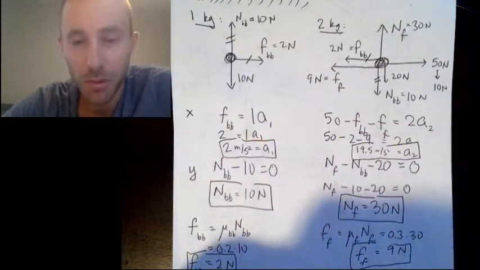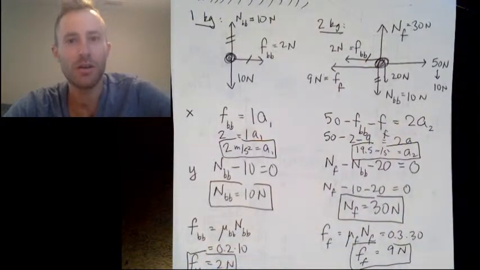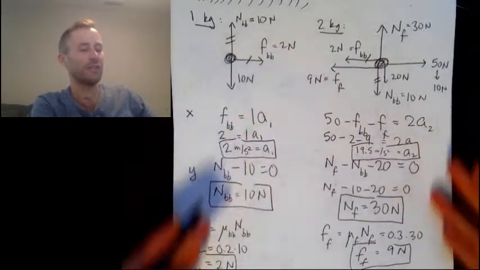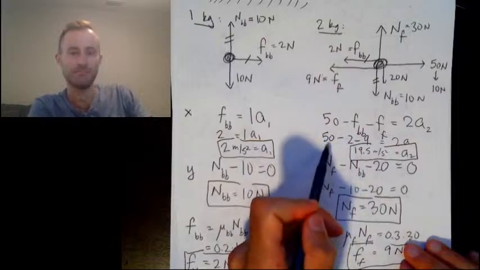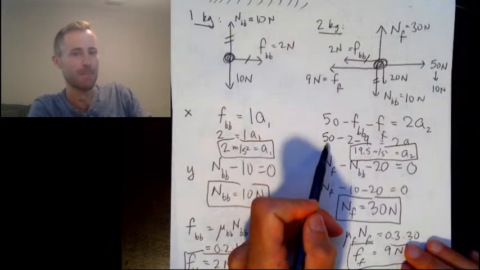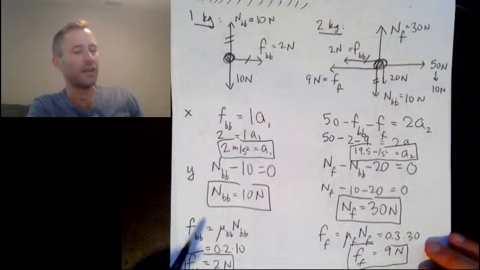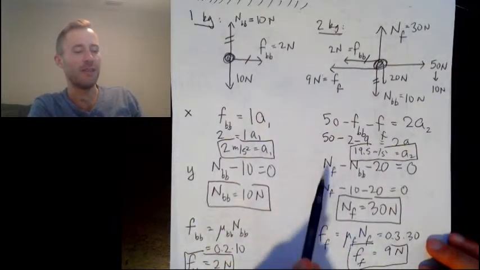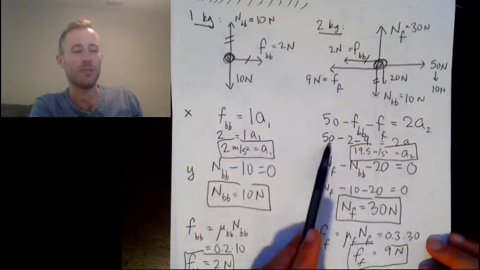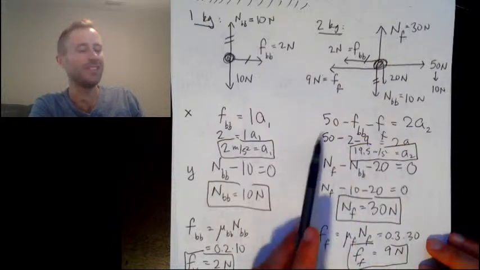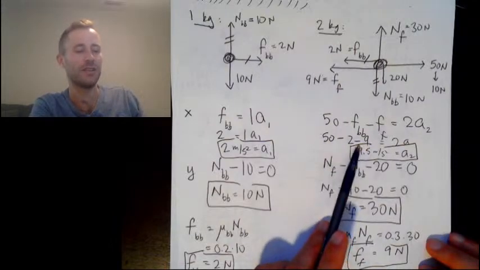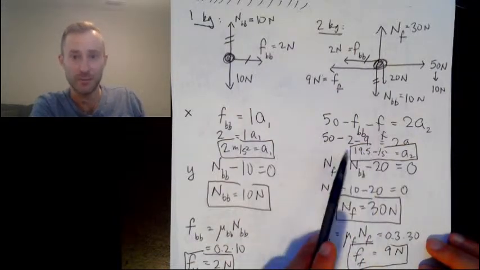Well, my equations would be exactly the same, but this would be 10. And so what I would get for the net force would not be 50 minus 2 minus 9. It would be 10 minus 2 minus 9. So the net force would be negative.